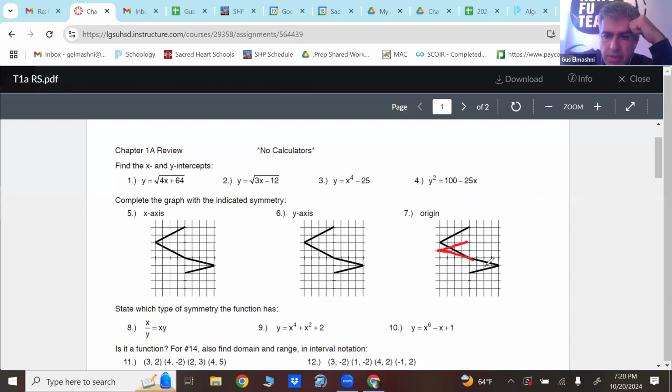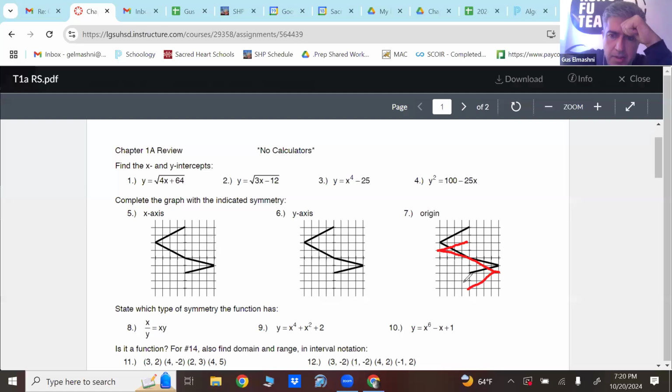I think it's supposed to look like this, actually. So if I rotate 180, yeah, I think that's what's supposed to happen. Kind of funky, but that would get you the same thing.